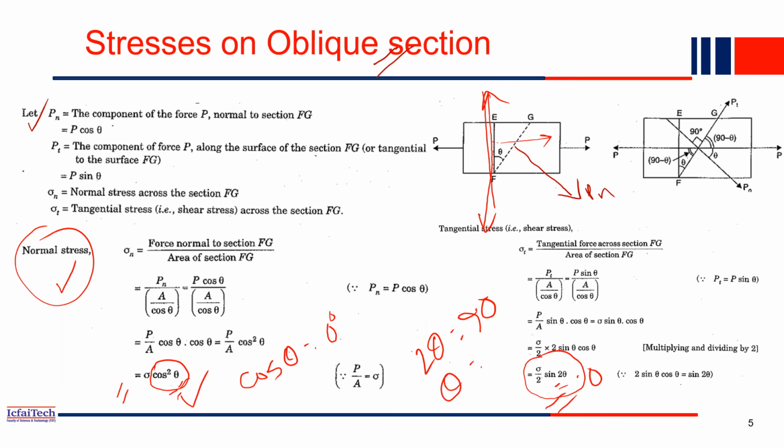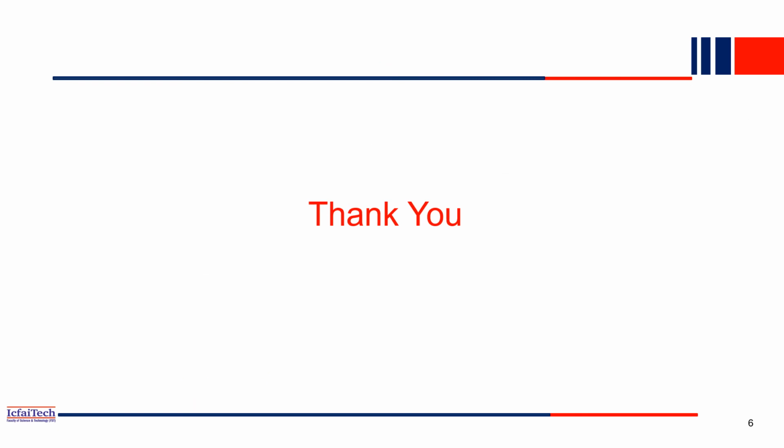That means theta is equal to 45 degree. So when you have this angle as 45 degree, in that section you will have the maximum shear stress. So that's how the stress is calculated in an oblique plane, normal stress as well as shear stress. Okay, thank you.